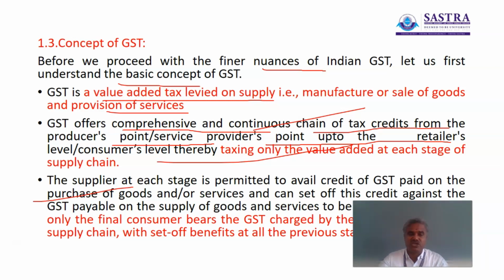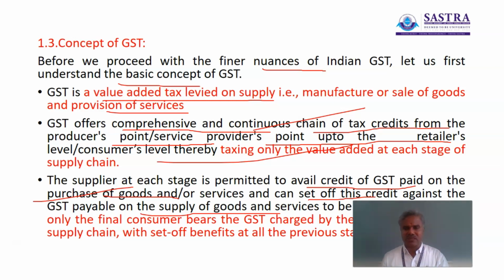The supplier at each stage is permitted to avail credit of GST, input tax credit paid on purchases of goods and services, and can set off this credit against GST payable on the supply of goods and services made by him. Already told you, this is called input tax.